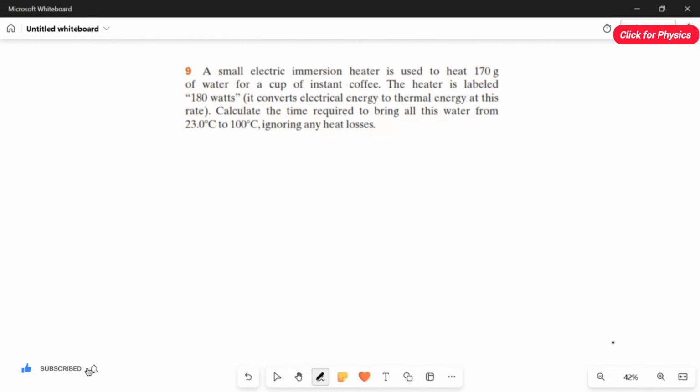So here you have the electric heater, and in that heater, how much water we took. The mass of water we took in the electric immersion heater is 170 gram.